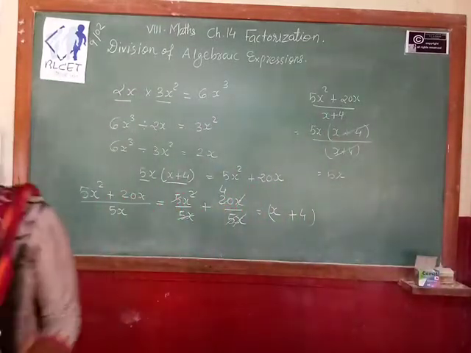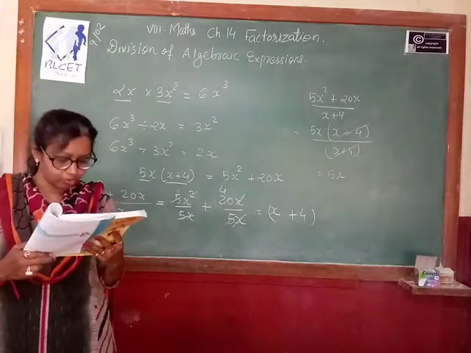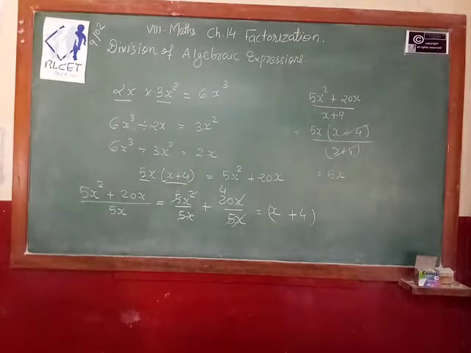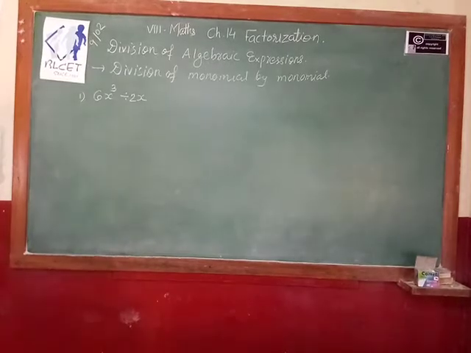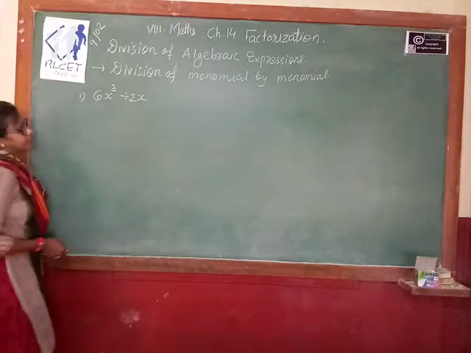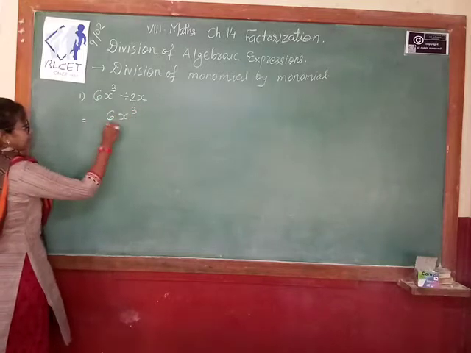So your first topic is division of a monomial by another monomial. So let's see how to do this. Now let's see division of monomial by monomial. The first question is 6x cube divided by 2x. So how will you do this? 6x cube divided by 2x.